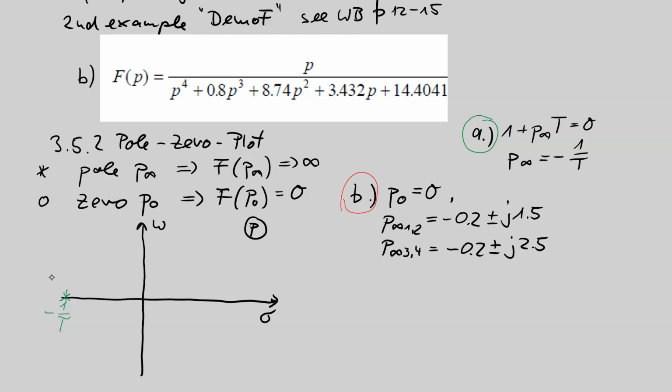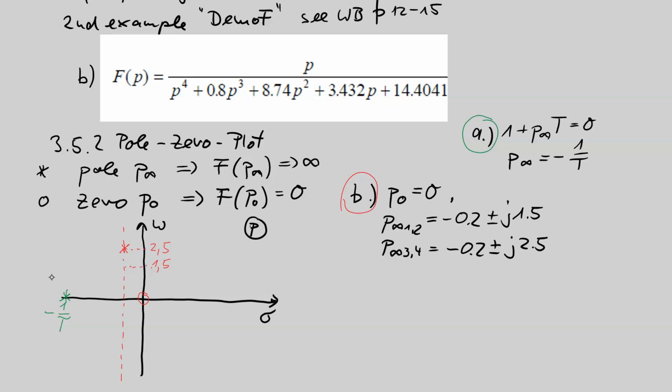The B part has a zero here, and on the negative side we have 4 poles, so you can say this is 1.5 and this is 2.5.